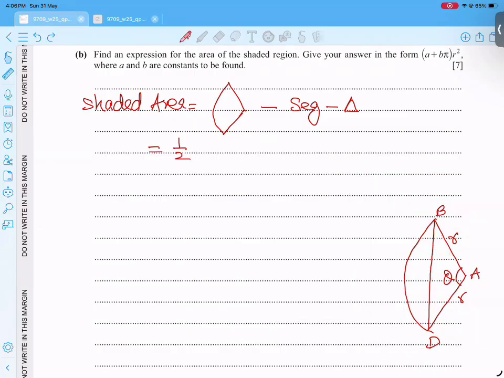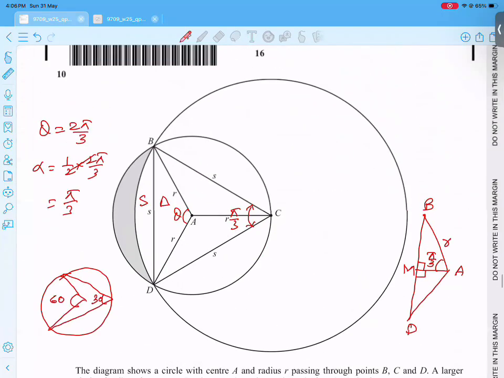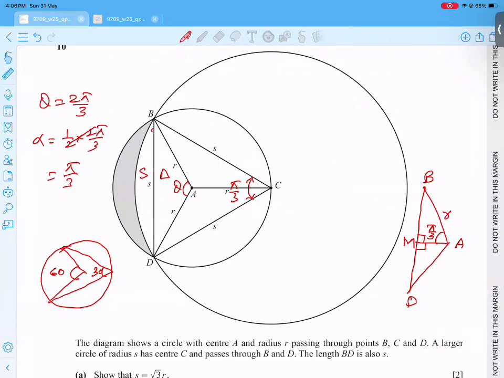So r is r squared, and theta is 2 pi by 3, because you know this full angle is 2 pi by 3, and radius. Okay, now I have to subtract the segment. Now the thing is, how to find the segment area? There's a little difficult part, not difficult, but lengthy part.